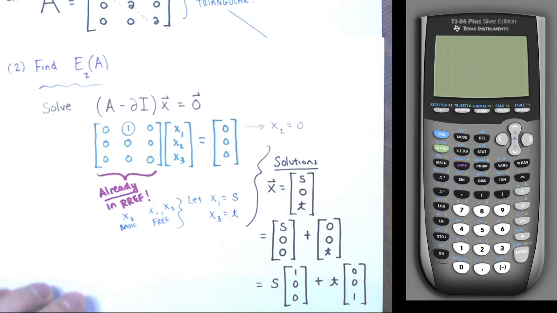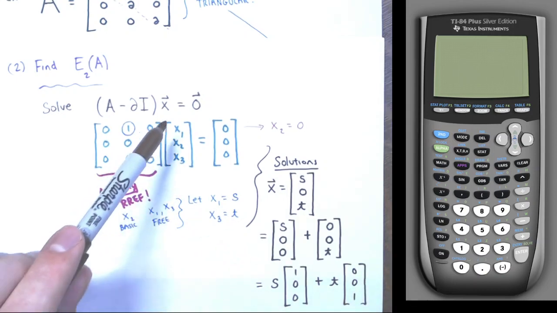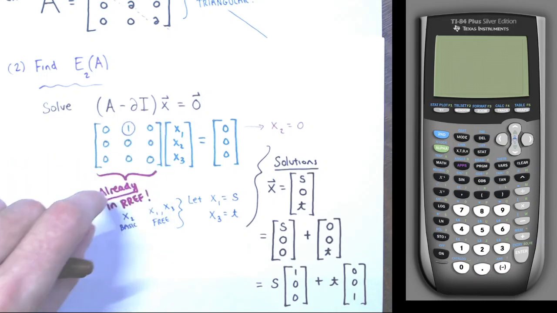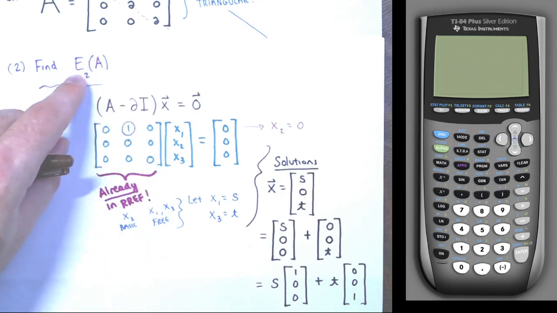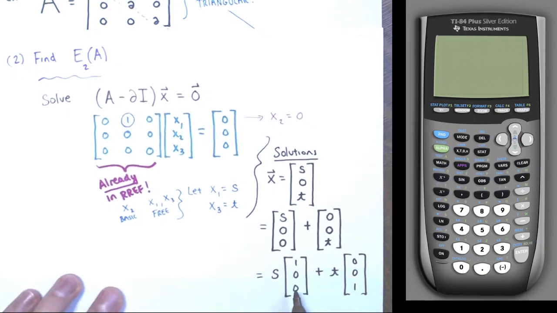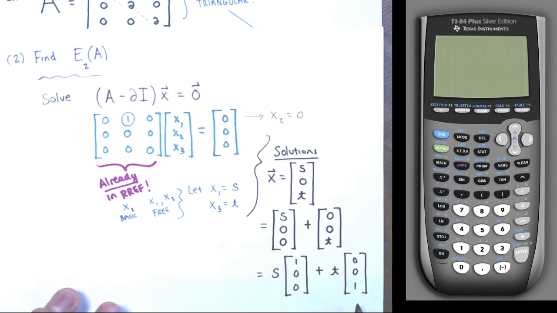All right, and what we're seeing is that all of the solutions to this equation, all the vectors that belong to the null space of A minus 2I, or the eigenspace of A corresponding to 2, however you want to say that, all the solutions are linear combinations of the vectors 1, 0, 0 and 0, 0, 1. So there, I have my eigenspace now.